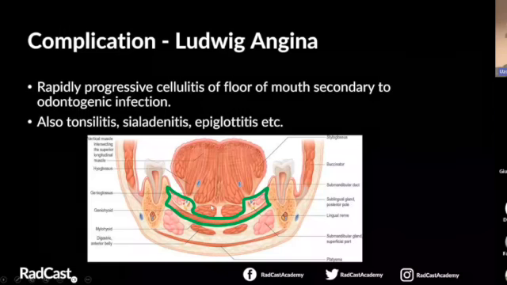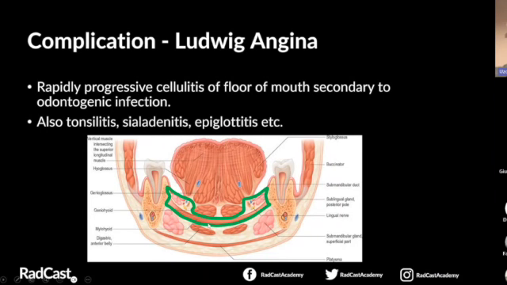You have your mylohyoid sling, which basically holds your oral cavity structures in place, and then you have your sublingual spaces, your extrinsic tongue muscles. So it's basically this region that's technically your floor of mouth. And basically the infection will start in the teeth and then spread and involve this whole region. But you can also get it from tonsillitis, sialadenitis, epiglottitis, and other deep neck infections.